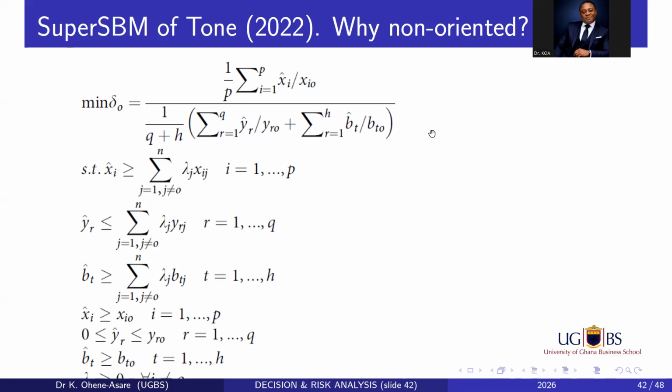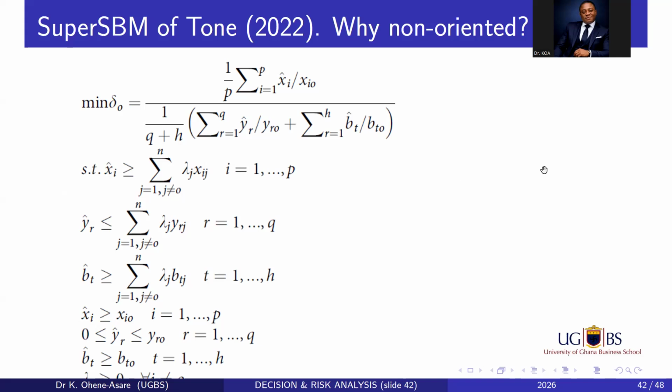Okay, and again, what shows that this is a super SBM? And what has this guy done here that was unnecessary? Oh, by the way, what shows that this is a super SBM? Jerry, is Jerry here?